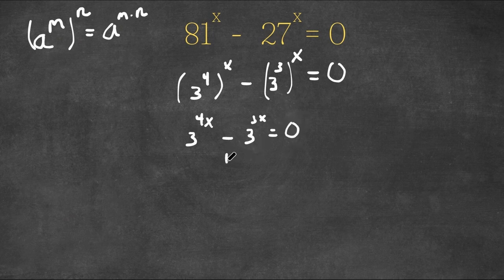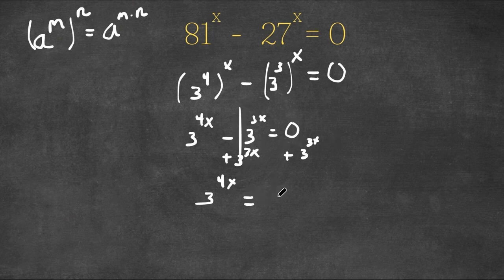Now I'm actually going to add 3^(3x) on both sides. So now we get 3^(4x). These two cancel out.